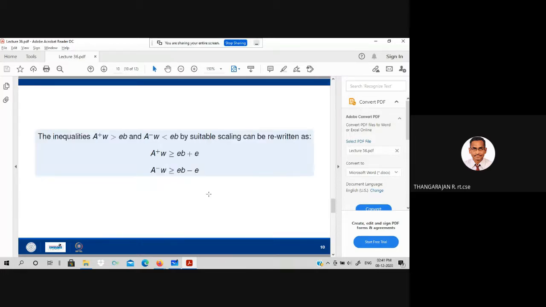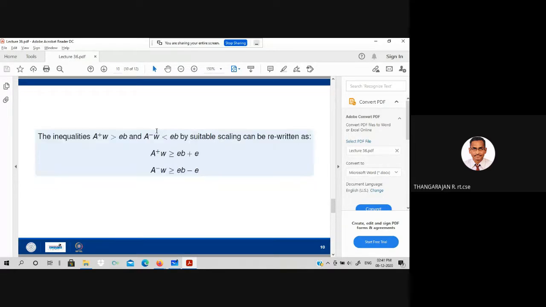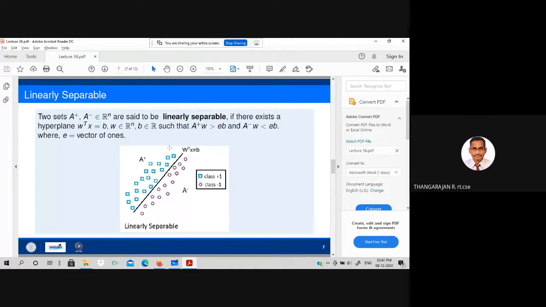And for that we have to derive some feature. So you have to state the inequalities: the positive set of points should be greater than some b.